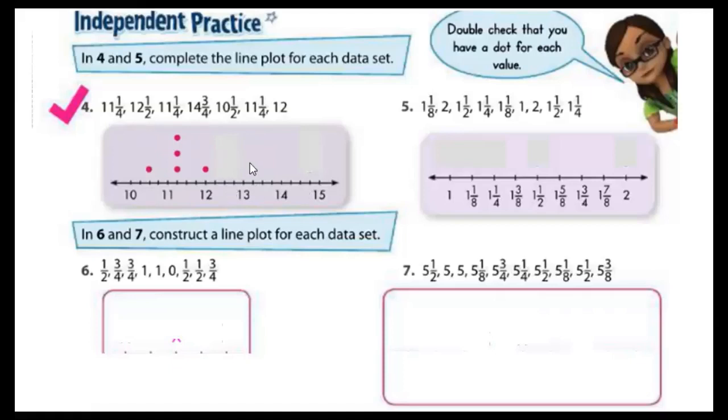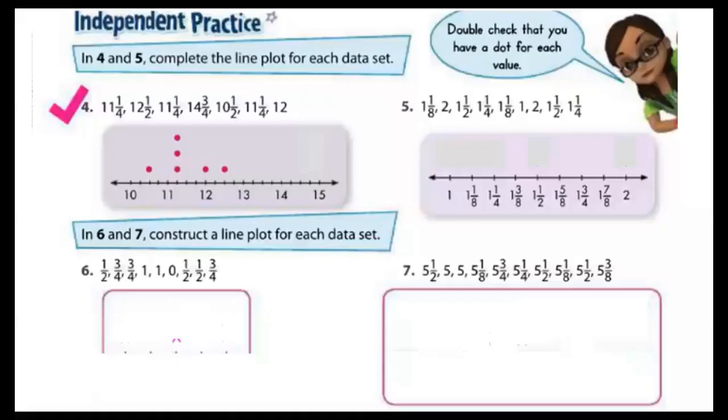Let's see. So here I represented 12 and a half just one time, by one dot.